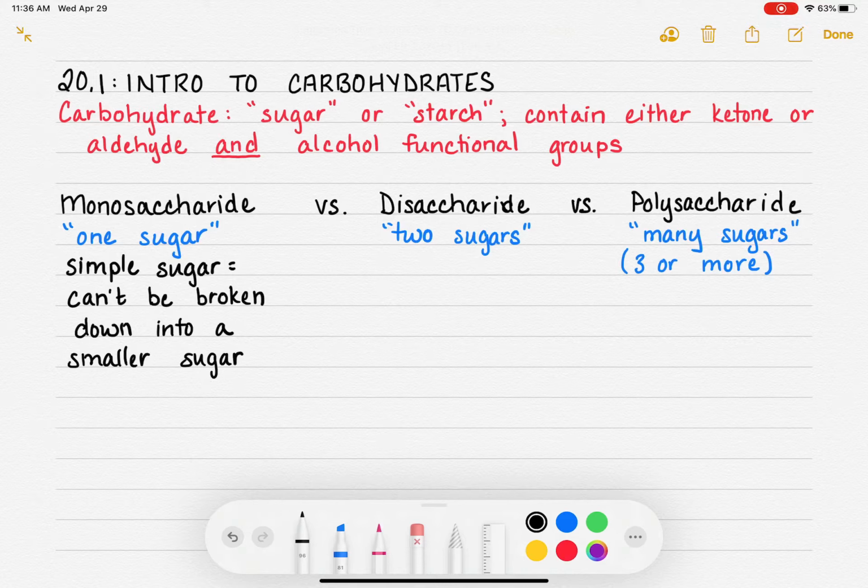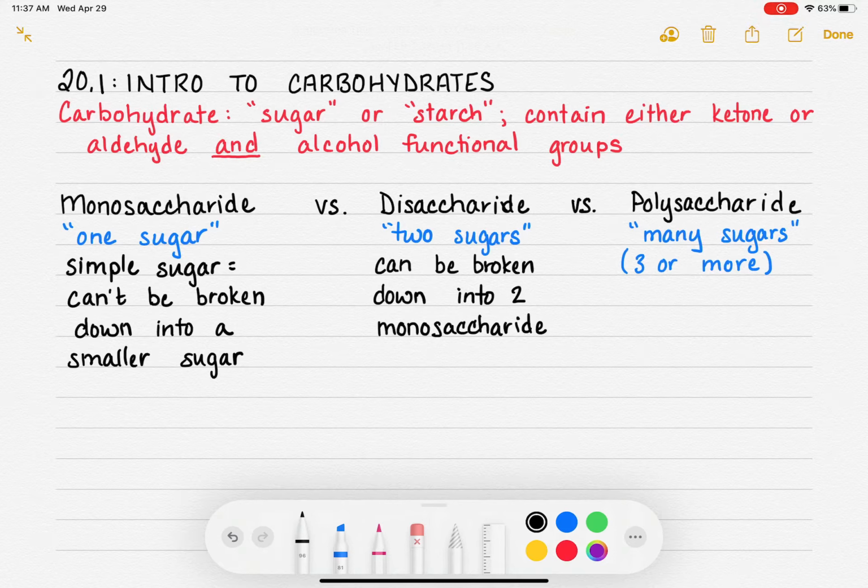The disaccharides, well, not all, but our body can break disaccharides down into 2 monosaccharides. And that is the way that we metabolize the disaccharide carbohydrates.